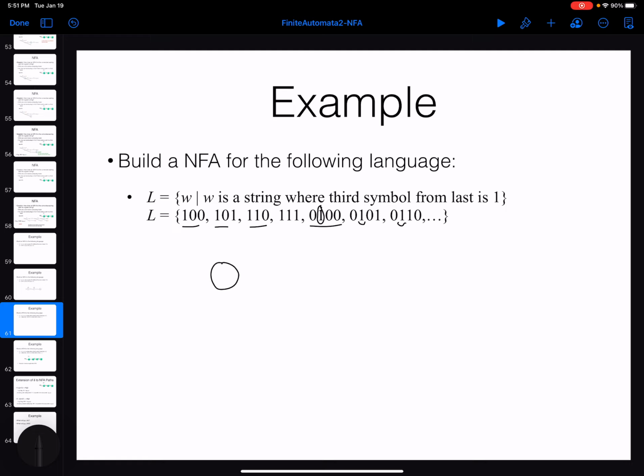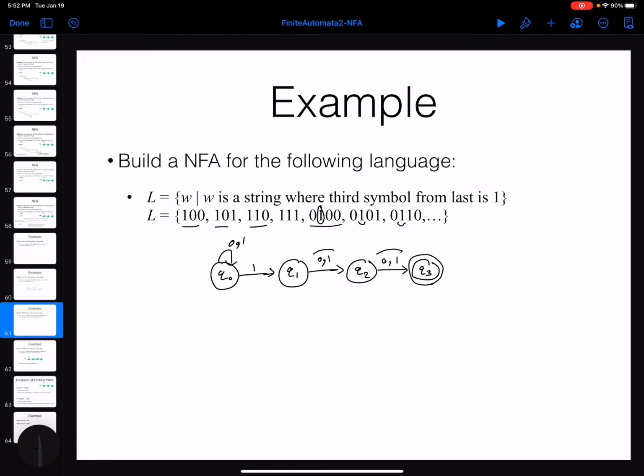I can just create a starting state that consumes everything, and then say that, okay, having a pattern like this 1, which is going to be the third symbol, I still need to create 3 more states to reach Q1, Q2, Q3, and I make this one an accepting state, and I allow these symbols to be either 0 or 1.